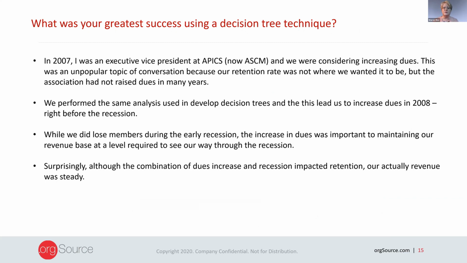We increased our dues. The recession hit. And the interesting thing is, while our retention did go down, the impact of the dues increase saved the day. The dues increase netted more income than the loss of retention. And eventually we were able to build our retention rate back up. So that was, I think, the most interesting example that I had of looking at a decision tree.